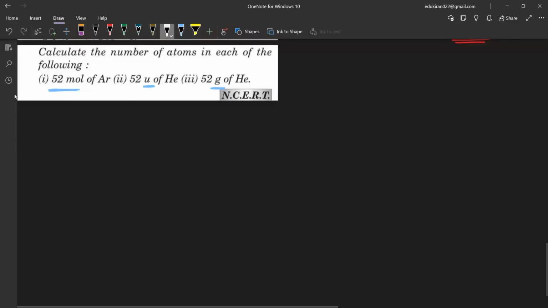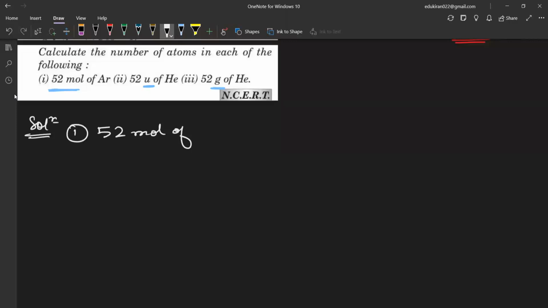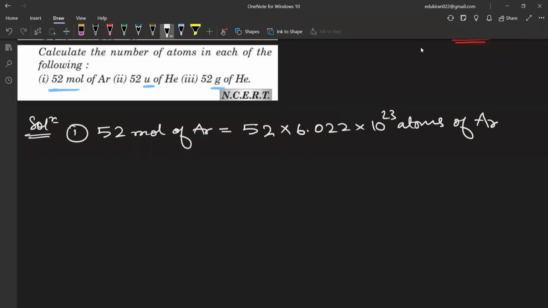In the solution, you will write for number 1, 52 moles of argon will be equal to 52 into 6.022 into 10 to the power 23 atoms of argon.